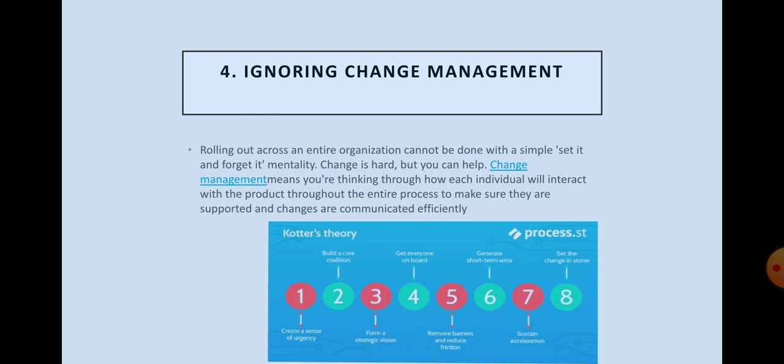The final one is to set the change in stone. These are the keys for success. We should not ignore change management.